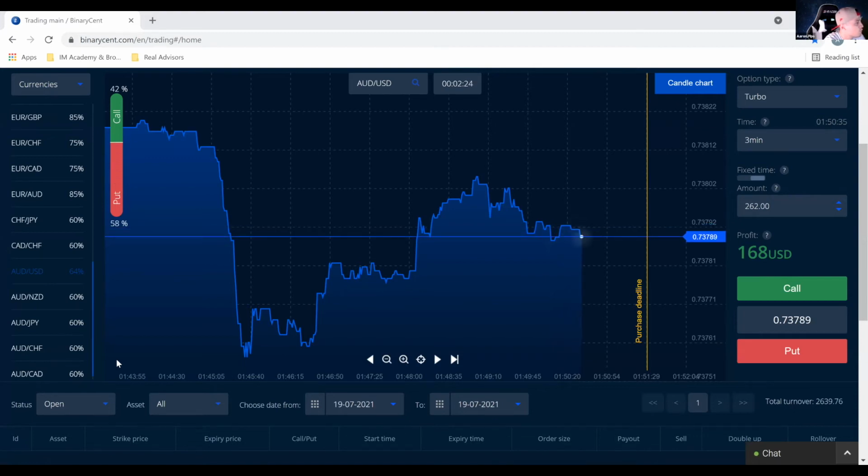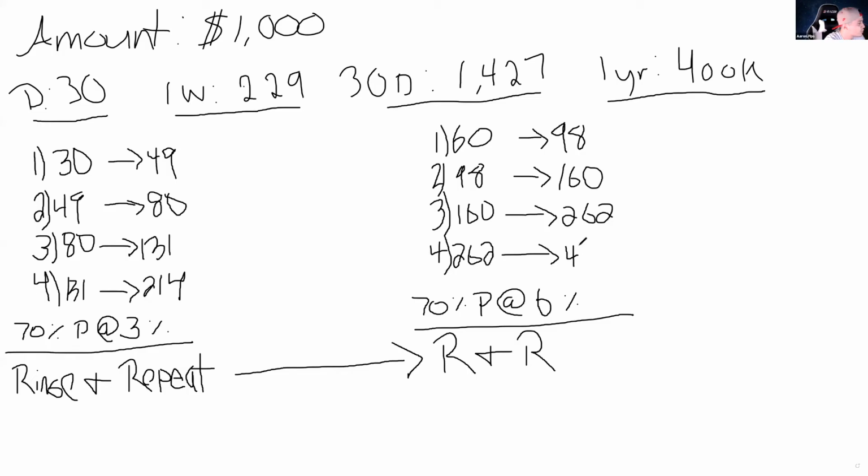So you make $430 on your fourth trade compared to $200. So that's just at 64% pairs. Imagine if we went after a 70% pair, you guys. That's over $500 almost.